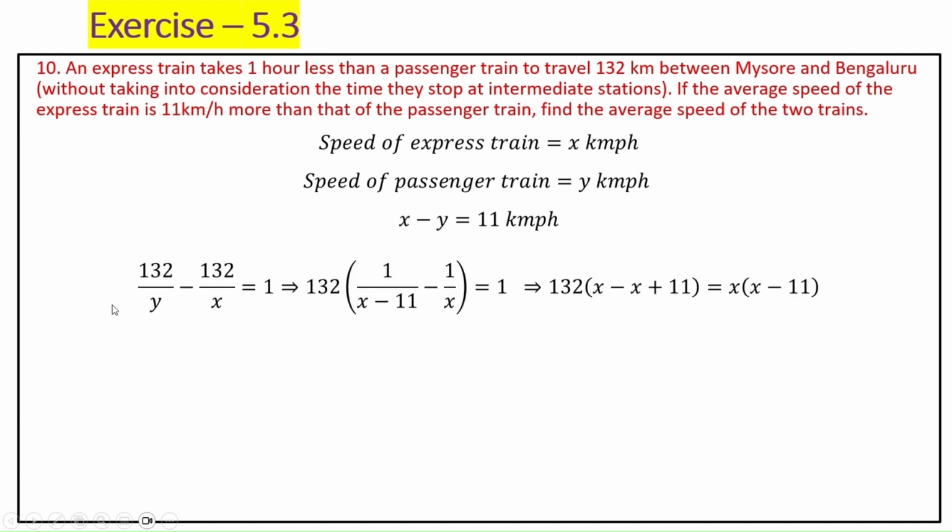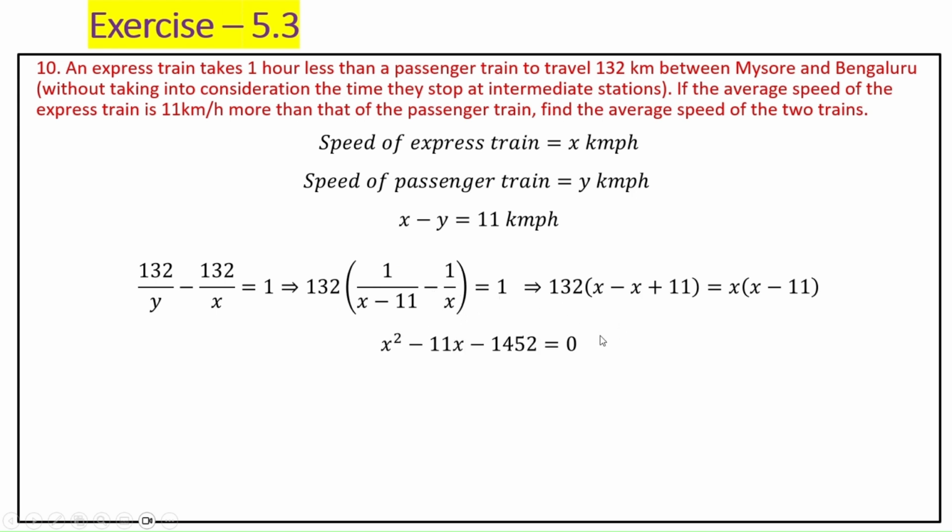Now the 132 kilometers distance covered by the passenger train takes 132/y, minus 132/x for the express train, which is equal to 1 hour.